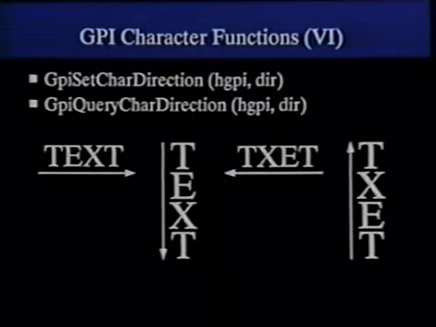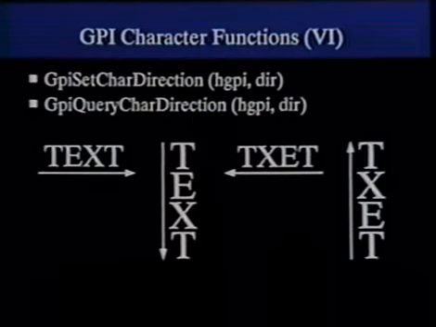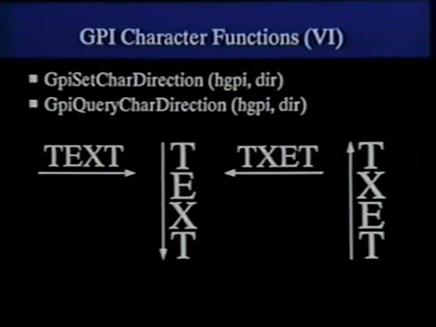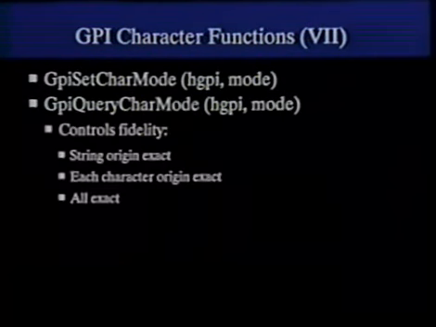Notice that the character direction does not turn the images around. The E in the third image from the left is still an E which faces rightwards. What we have done is to change the direction and the order in which text is laid down as individual characters. You can set the text mode. This controls how carefully the system is supposed to image a font that you may have described which is particularly strange and has a lot of complex attributes that need to be synthesized.